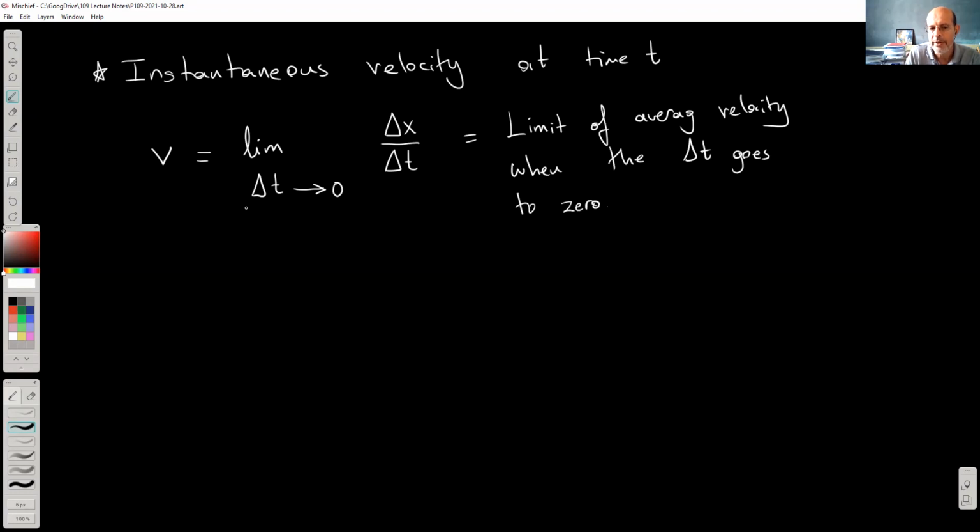Okay, we usually show it like that, but basically what we do is we just compute this expression as a function of delta t, and then we analyze what happens to that expression when I choose delta t to be as extremely small as possible.